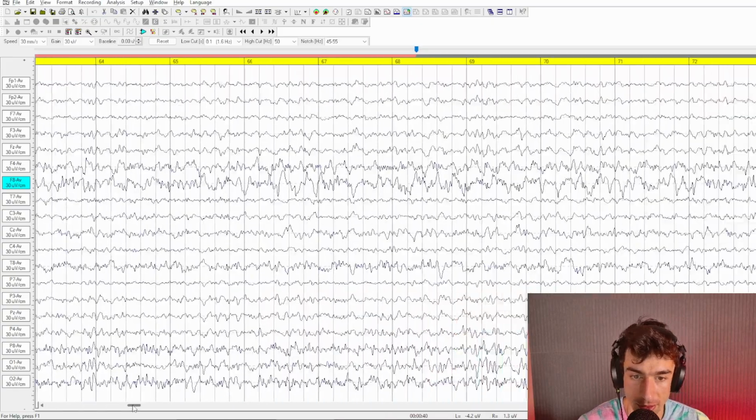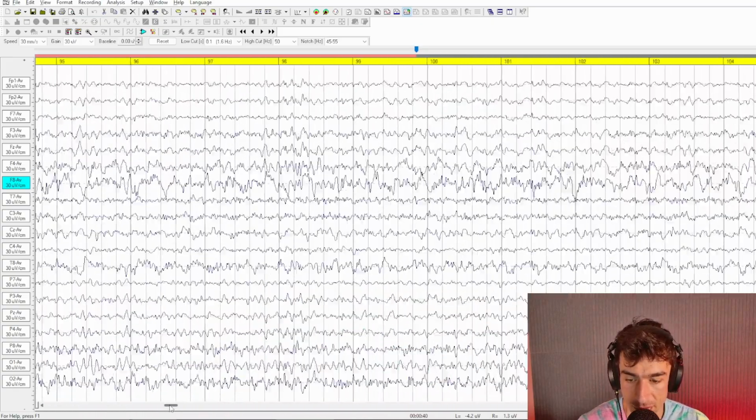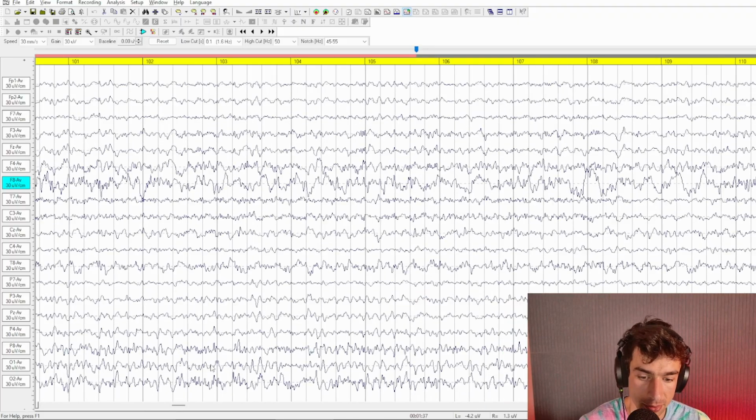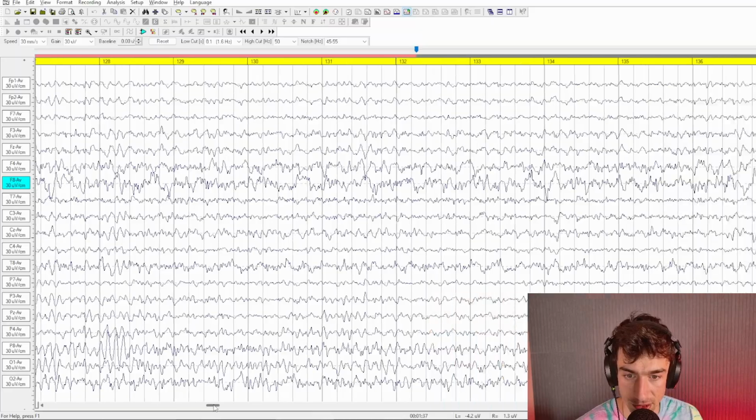More frontal midline theta. More of this F8 muscly stuff. Doesn't make it the easiest to look at, but I don't want to belabor the artifacting process.